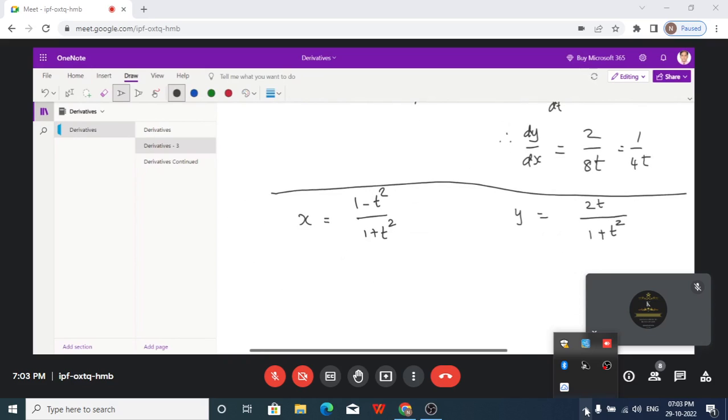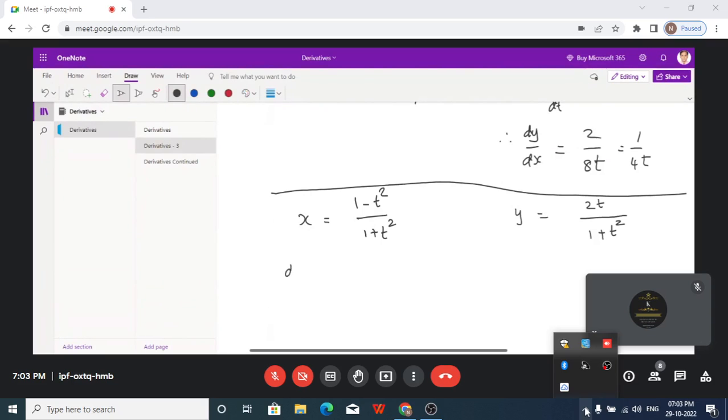Can you find out dy dx? How do you do that? We first differentiate x with respect to t, then y with respect to t, and then take dy dt divided by dx dt, which is equal to dy dx.